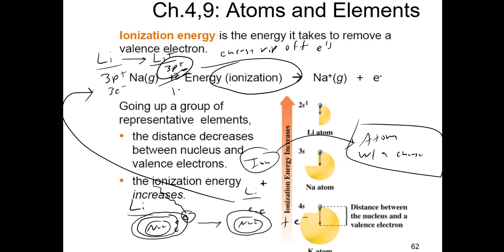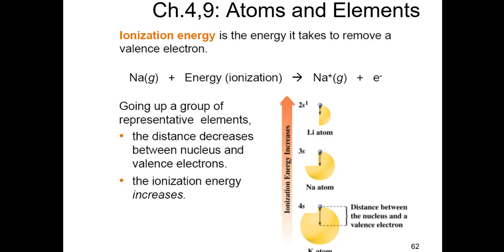And because protons have a positive charge, the lithium now has a positive charge. Ergo, it's now an ion. So ions are atoms with a charge. The energy required to rip off that electron to form an ion is the ionization energy.